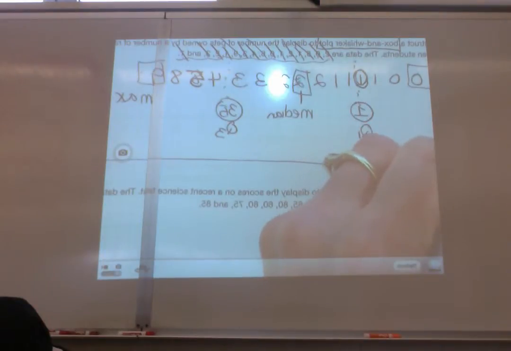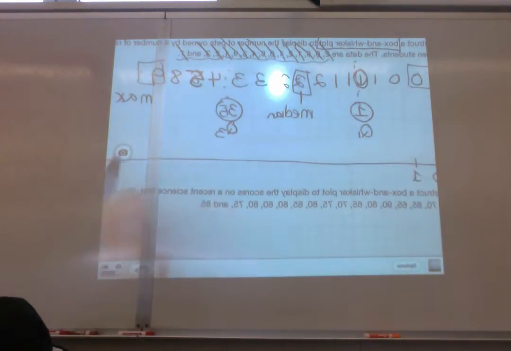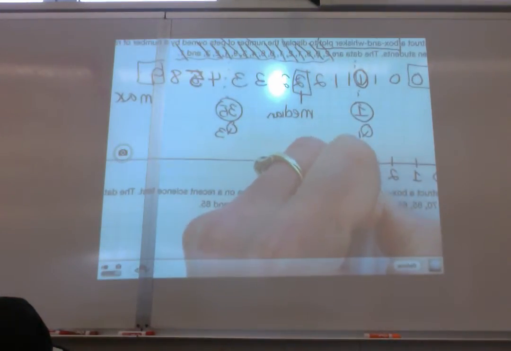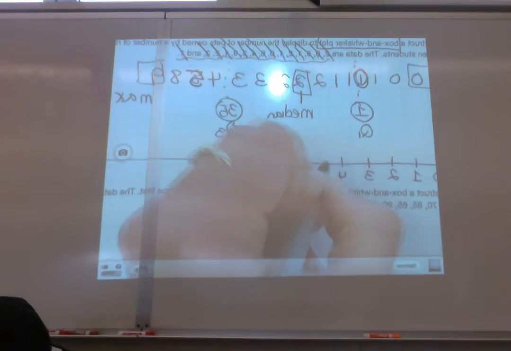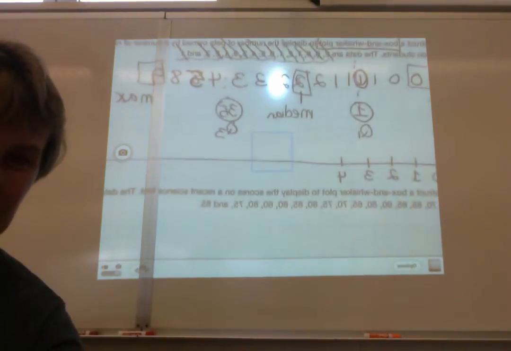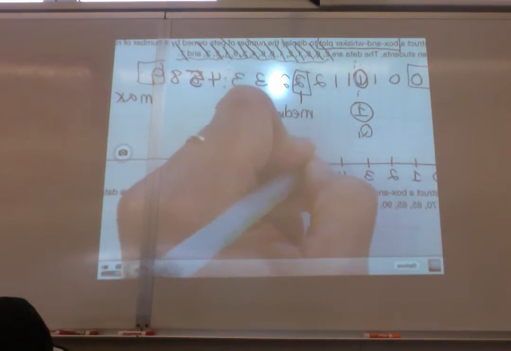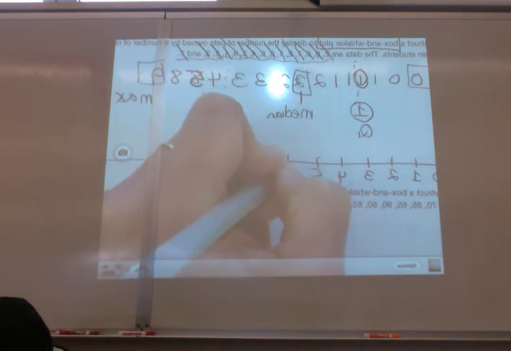Okay, now we draw a number line and we number it in evenly spaced numbers from 1 to 9. Evenly spaced. Please, did I turn this guy on? Yes, good.